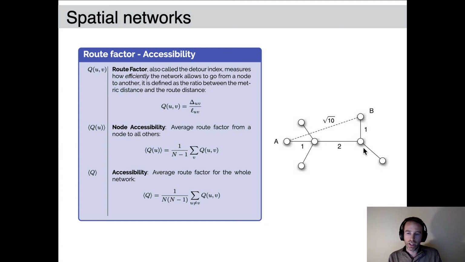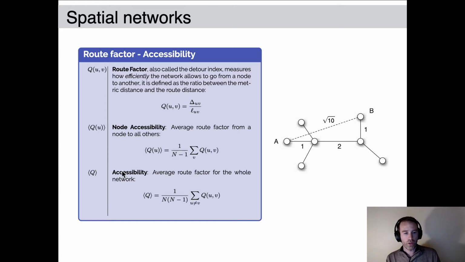If you can reach all the other nodes directly, your value will be as small as possible. In this case, it will be 1 on average. And the more you have to take a detour to reach all the other nodes, the higher your value will be. So it's the average quantity of detour that you will have to take, basically.